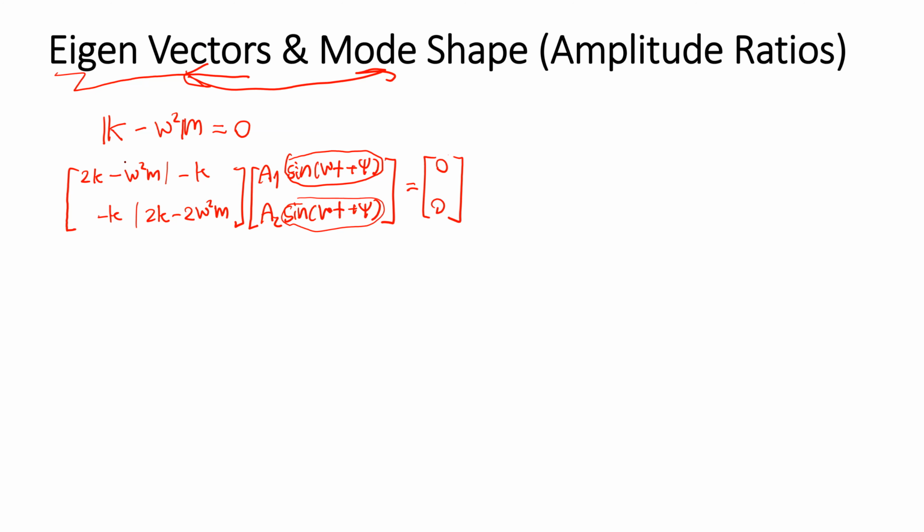The first scalar equation is composed from 2k subtract omega square m multiplied by a1 and minus k a2 is equal to 0.